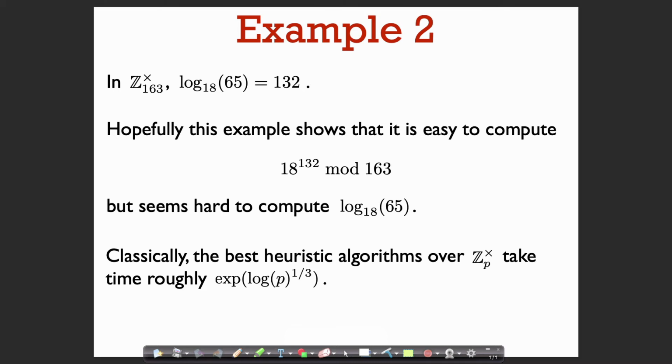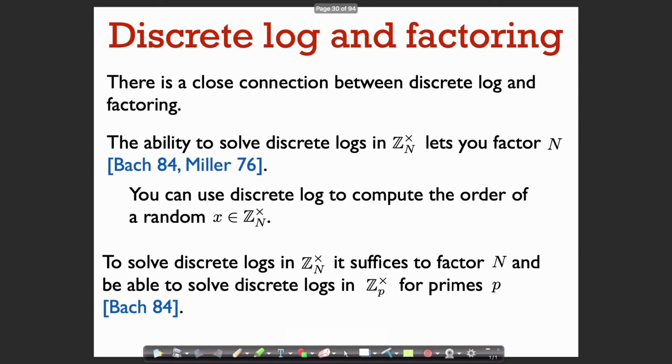And the best heuristic algorithms that we know of, so algorithms assuming some number theoretic conjectures, over Z_p^* take time roughly exponential in the logarithm of p to the power 1/3. Okay, so this is basically similar to the running time of the best heuristic factoring algorithms that we know of. And indeed, there is a close connection between the discrete logarithm problem and factoring.